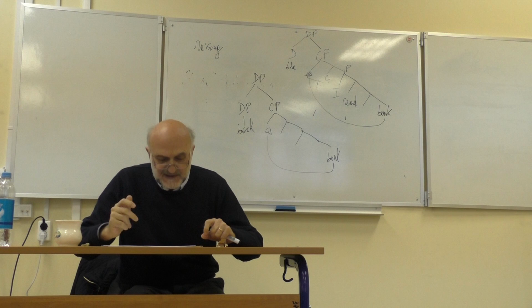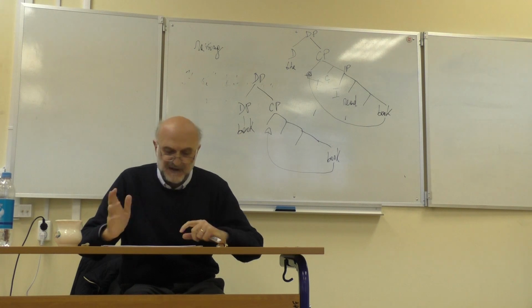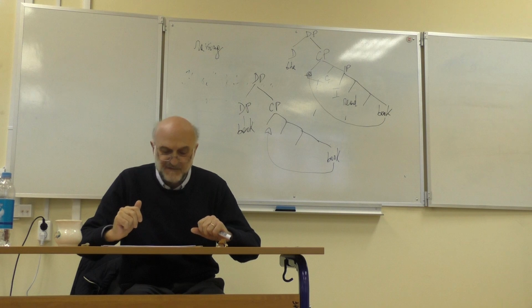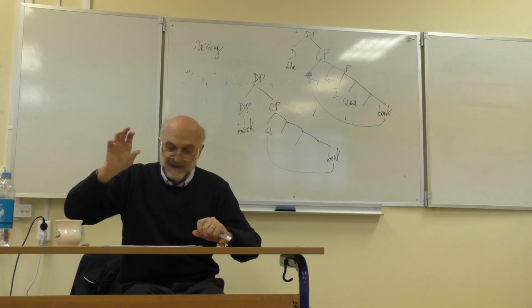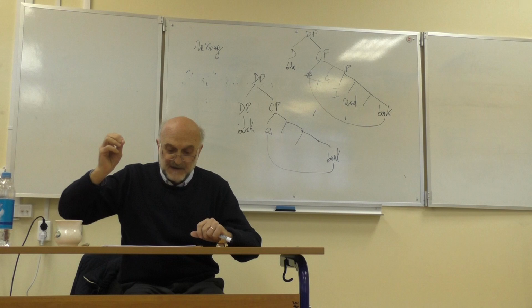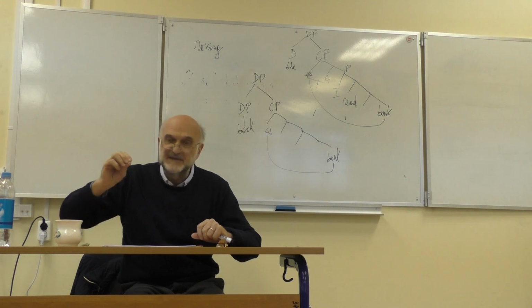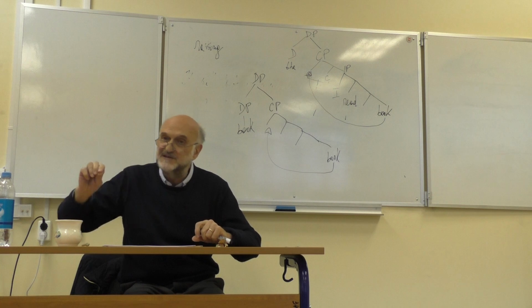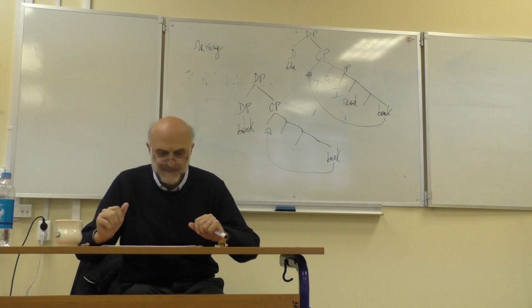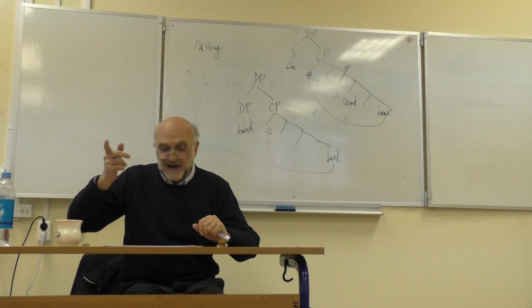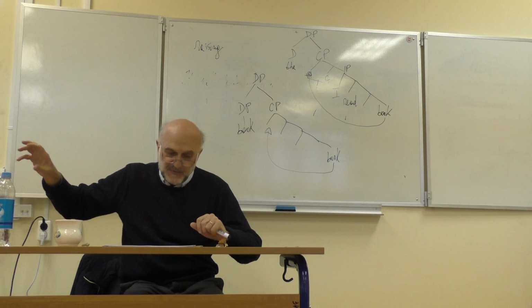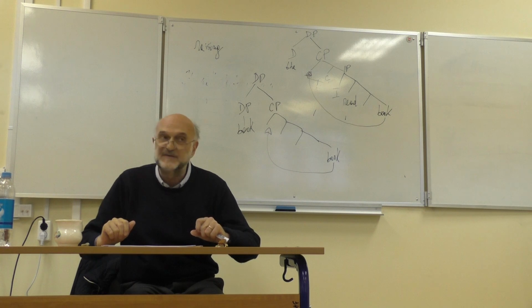Other arguments that have been given have to do with anaphor binding. For example, 3a, here you have an anaphor, a reflexive pronoun himself, that typically in English has to be bound by an antecedent within the same clause. And here, bound means that the antecedent has to c-command, be higher up than the reflexive himself.